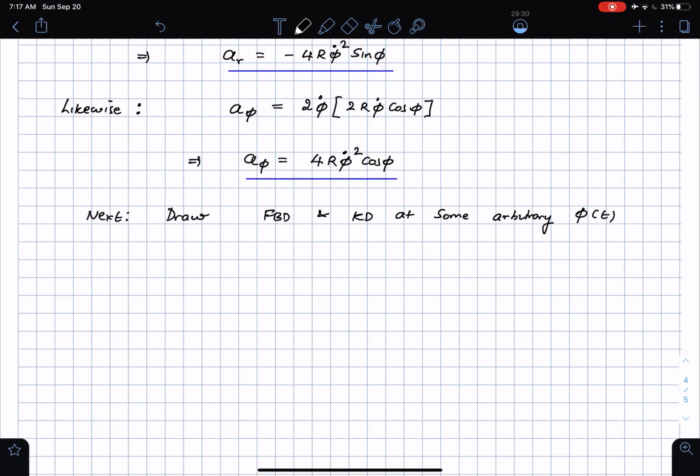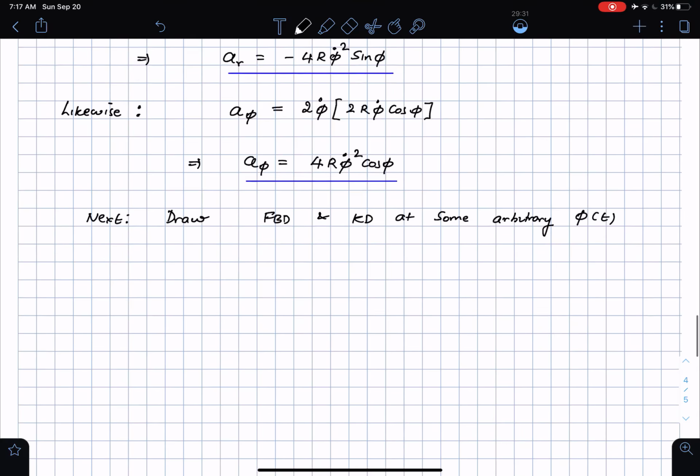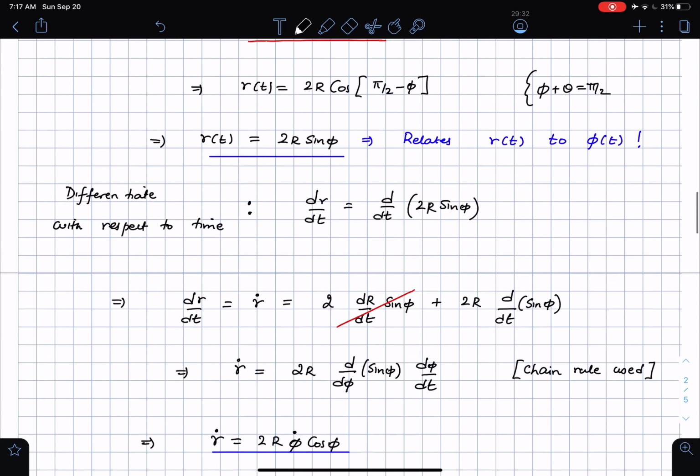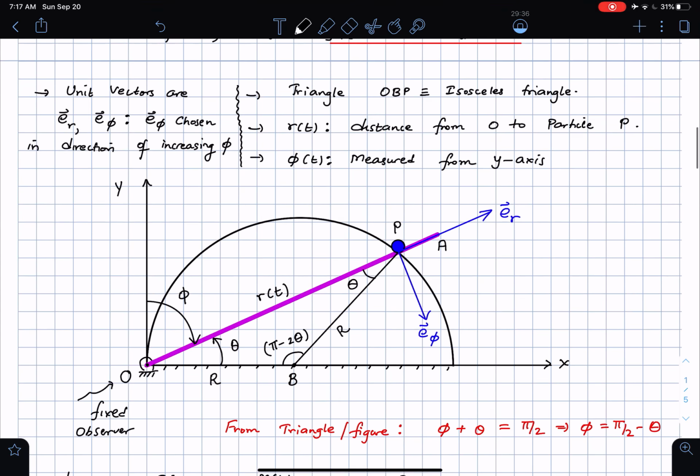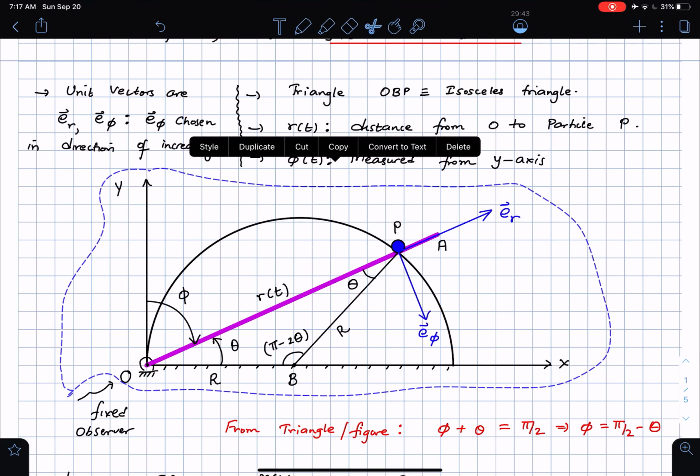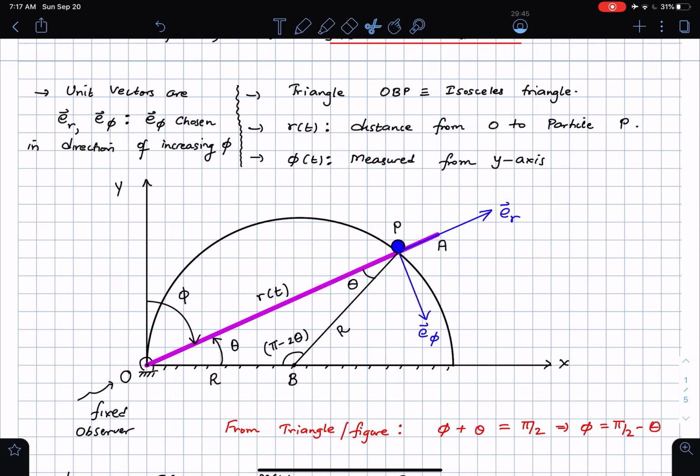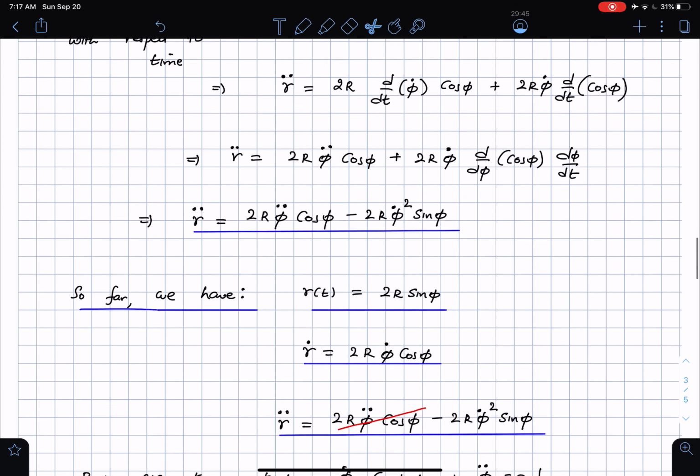Okay, this is fairly straightforward. Let me go back and bring my good looking figure. I'll write this guy here. So this beauty is going to come down, and we're going to make use of this ER and E phi system, and then draw the unit vectors for that.